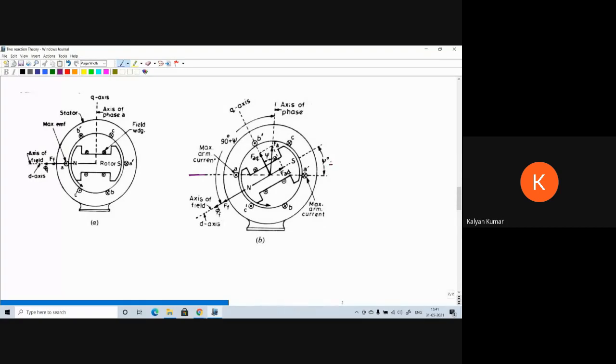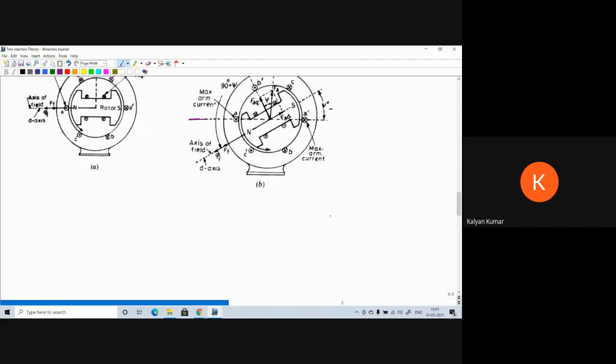Rotor is horizontal in the initial conditions when A dash is having maximum EMF. Now, if the rotor rotates by an angle of 60 degrees, as the internal power factor angle is psi, now the coil side A dash will have maximum current. So the maximum armature current position is this one.